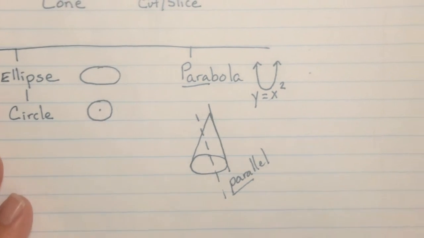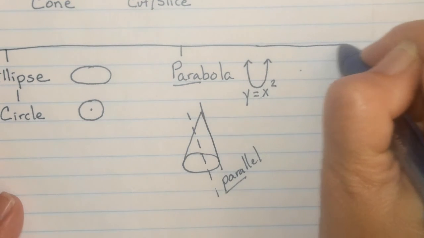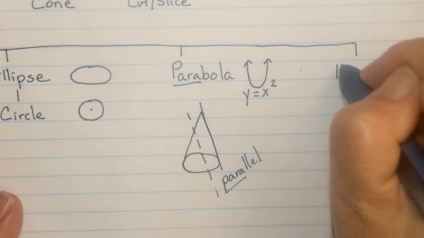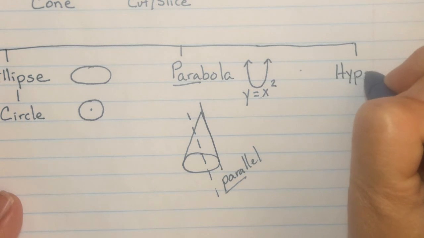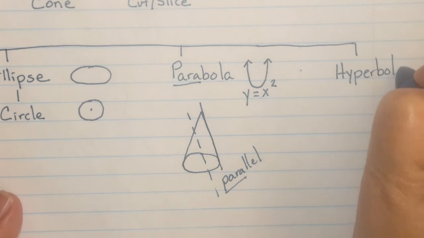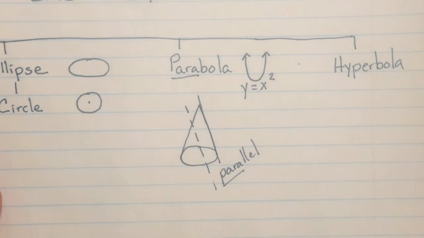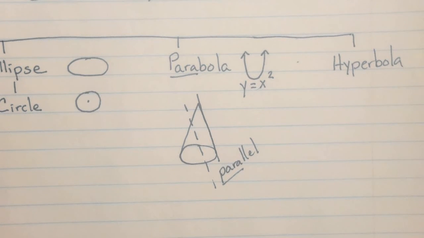Alright, then our third conic, which we'll study last, is going to be the hyperbola. And the main thing to remember about the hyperbola is it's going to cut through the upper nappe and the lower nappe. So it's when you're doing a slice that's steep enough to cut through both.